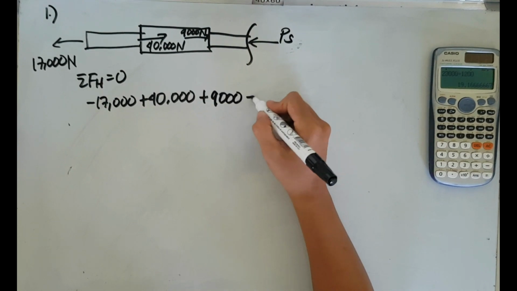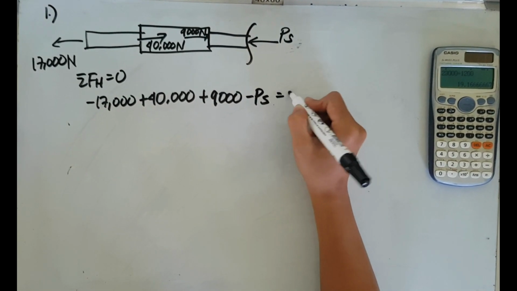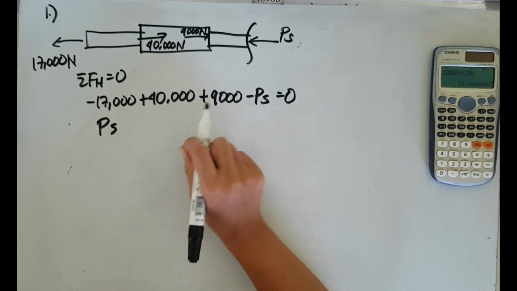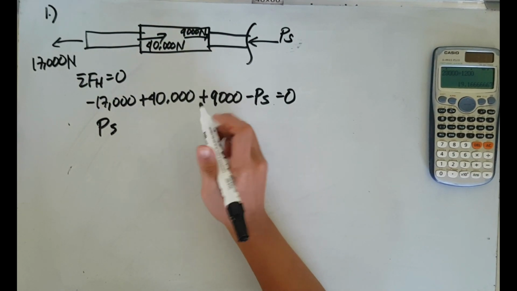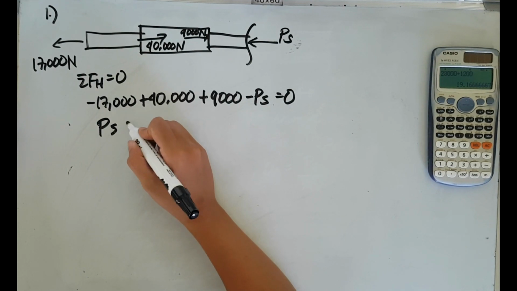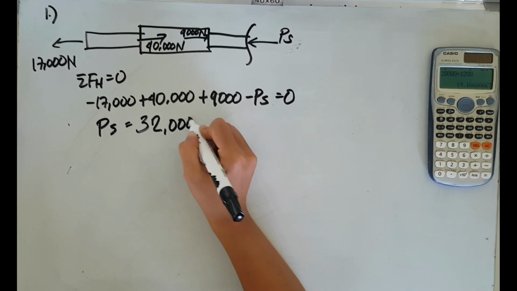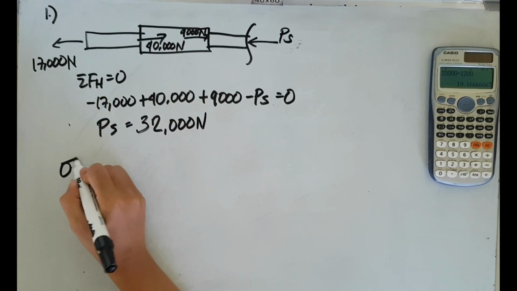Taking the summation of forces horizontal equal to 0, right direction as positive, so negative 17,000 plus 40,000 plus 9,000 Newton minus the actual load in the steel section.